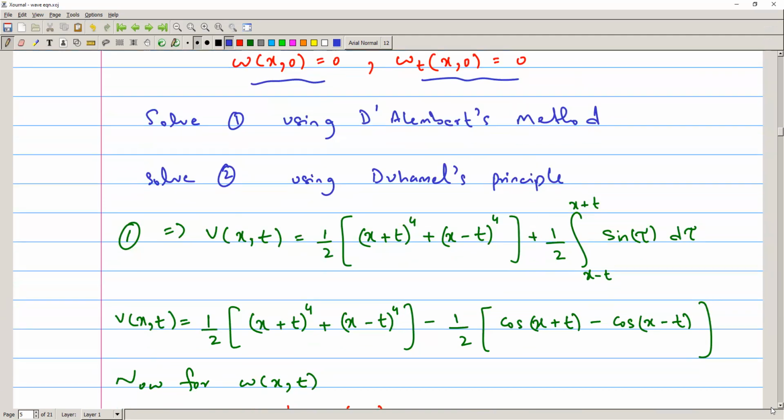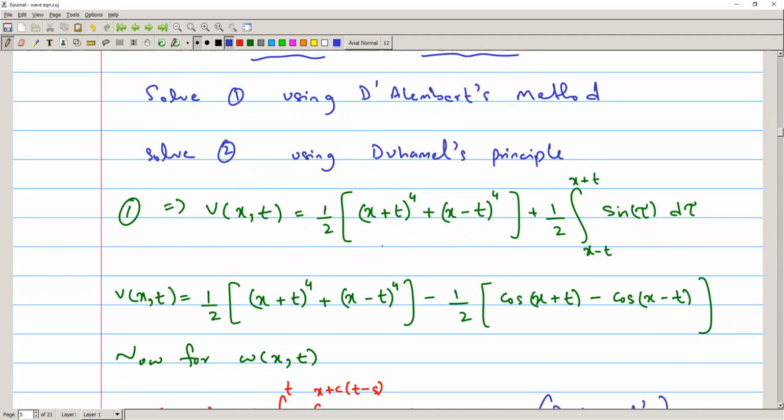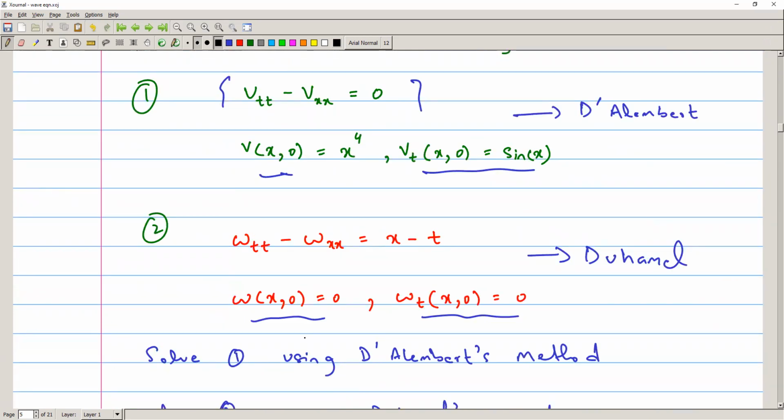So here we are solving equation 1 by D'Alembert's method. Here we can write the function f of x is equal to x power 4, and g of x is given as sine x, right?